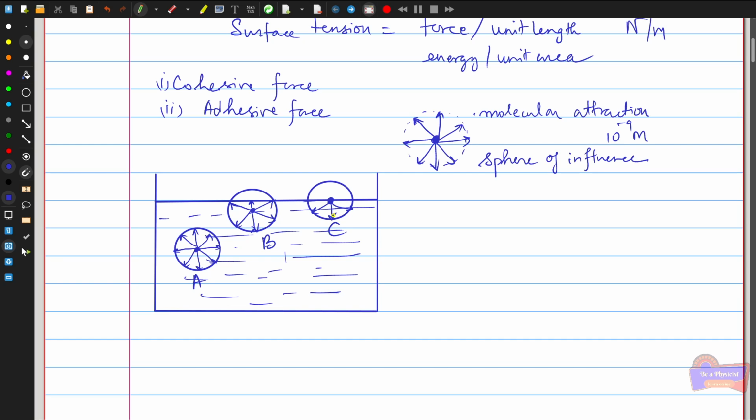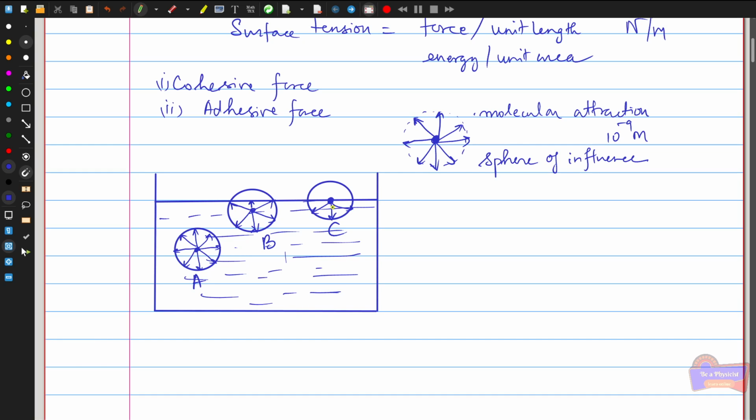But the liquid surface has a tendency to have minimum potential energy, so the minimum number of molecules remains on the surface of the liquid, and the surface film tends to contract. Due to this, the surface of the water contains a very minimum number of molecules. Thus, the surface of the liquid under tension behaves like a stretched elastic membrane.